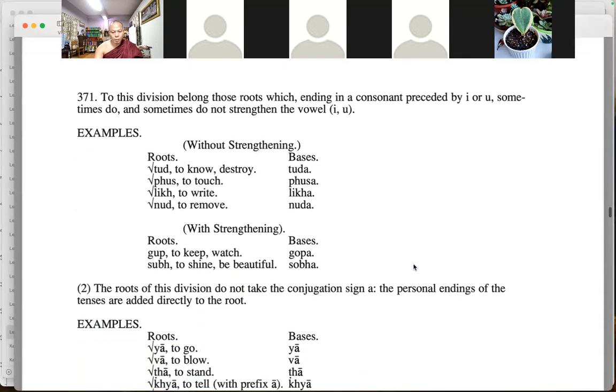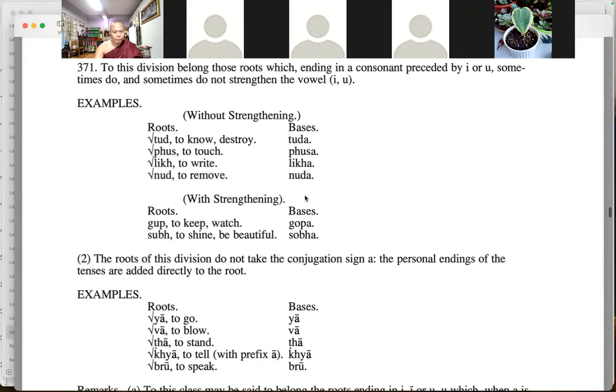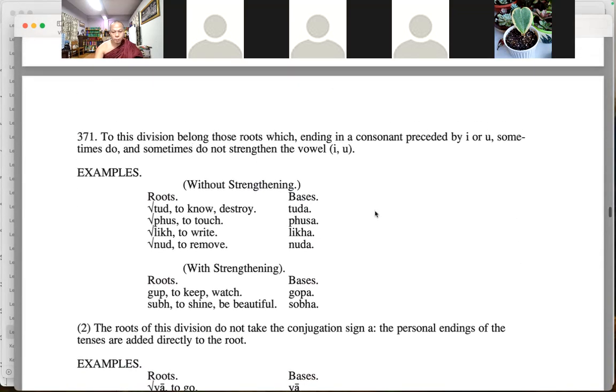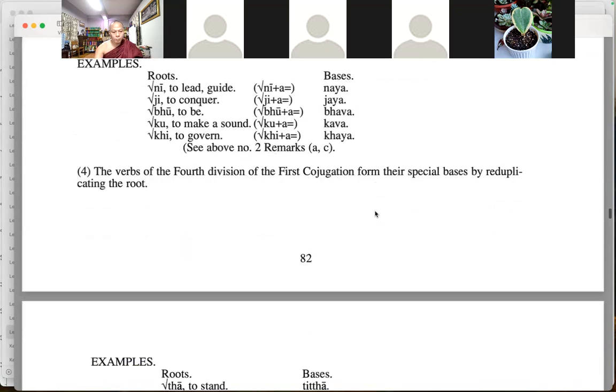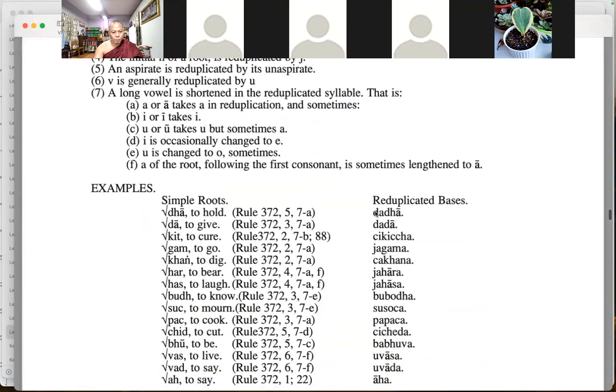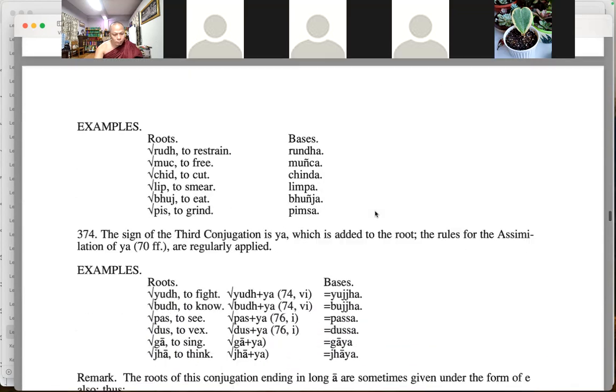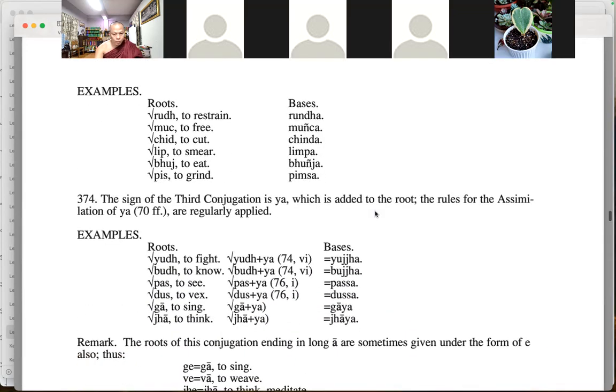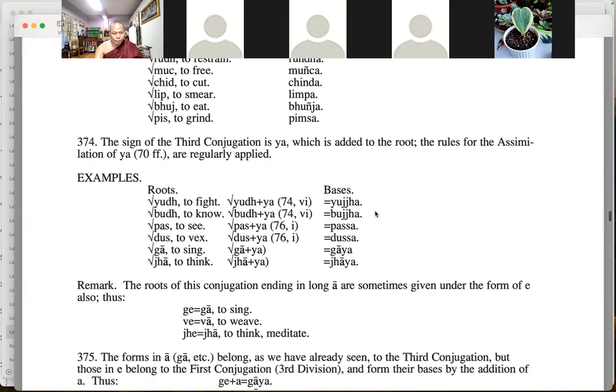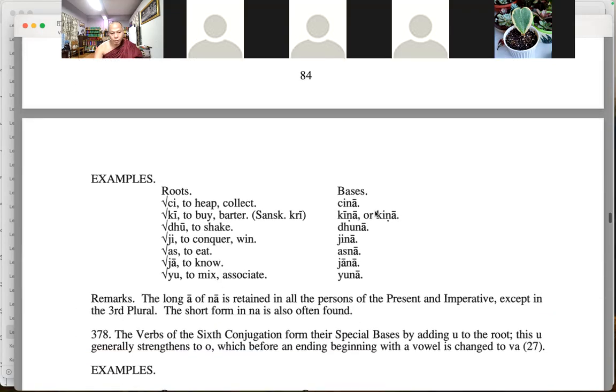This one is just about the conjugation, the assigned base.